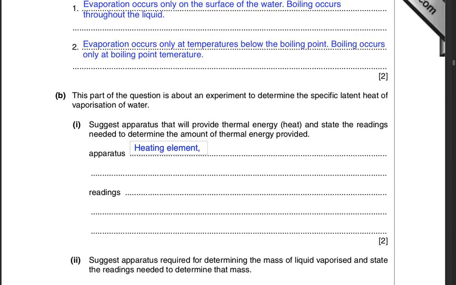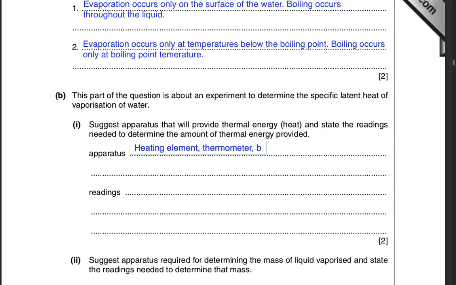Yeah, I just remembered the name. You need a heating element. Of course you need a thermometer to measure the change in temperature.